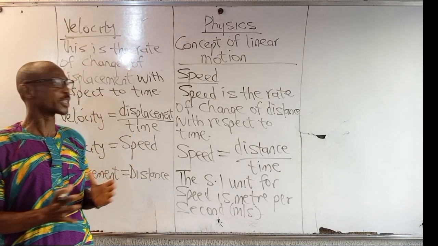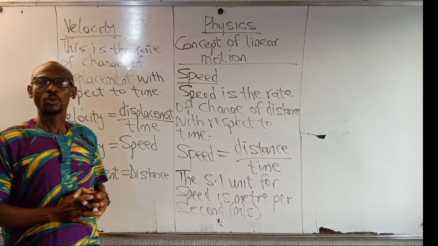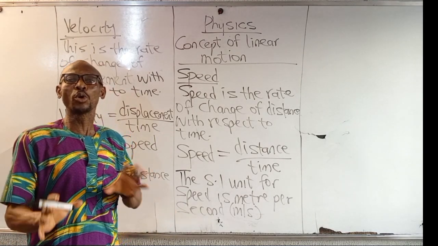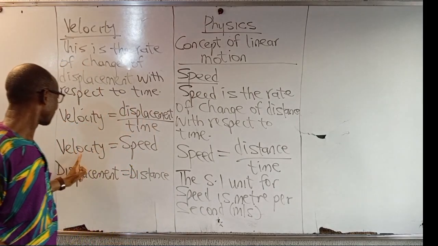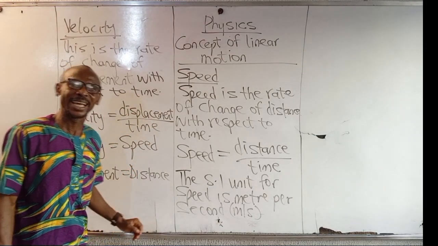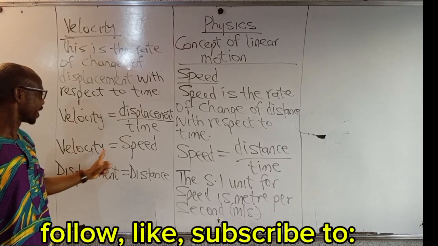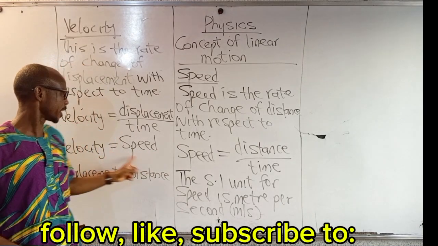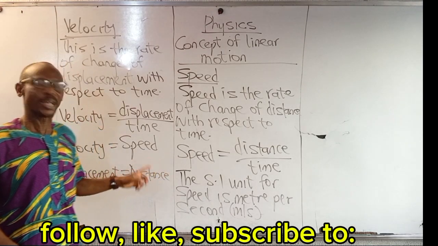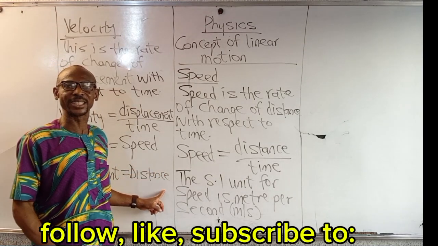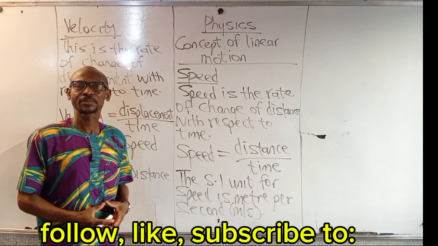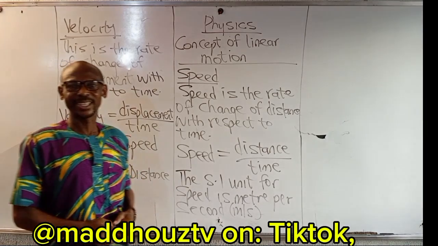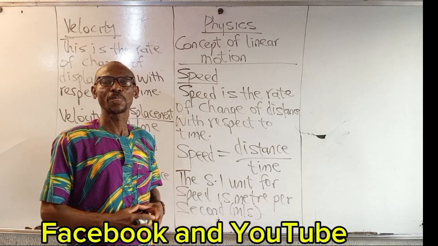Now that we have looked at these two quantities, when we are going into our further calculations, we will take it that displacement is equal to distance and also velocity is equal to speed. So since velocity is equal to speed and displacement is equal to distance, we can simply say that velocity is speed in a specified direction.